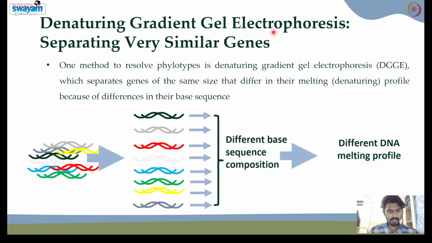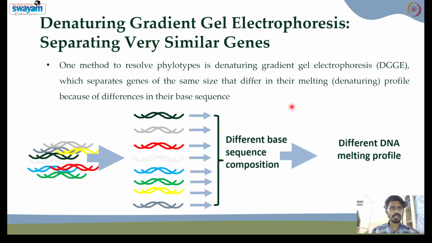In that case, if you are trying to separate very similar genes, you can use this technique, denaturing gradient gel electrophoresis, which separates genes based on the melting profile of each DNA, because every DNA has a different melting profile.